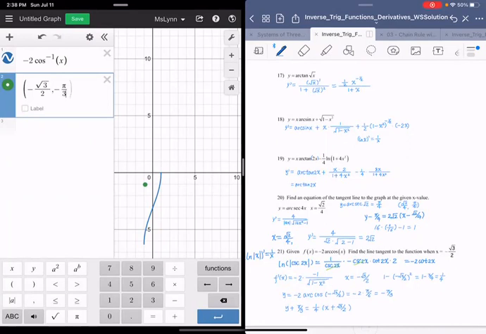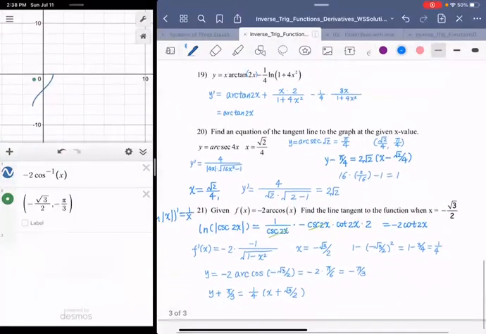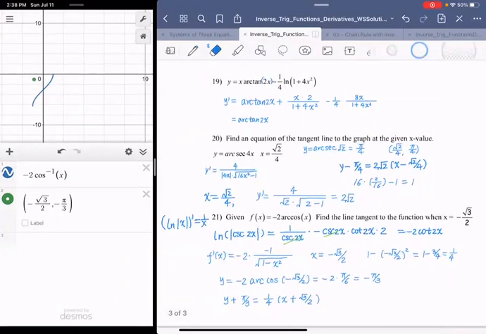Wait, when you said pi over 6, shouldn't it be 5 pi over 6 because it's negative? Yes. We got something wrong over here, okay? Because x is negative, arc cosine has to be between 0 and pi. That's the reason we want to fix here. This is -2 times 5 pi over 6, right? Yeah. 5 pi over 6.